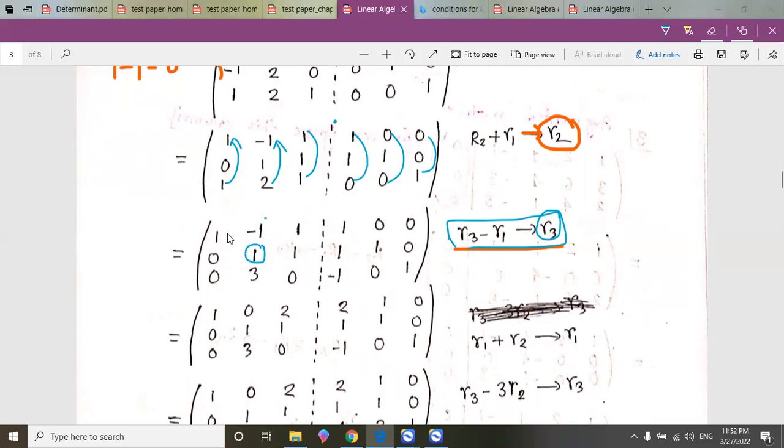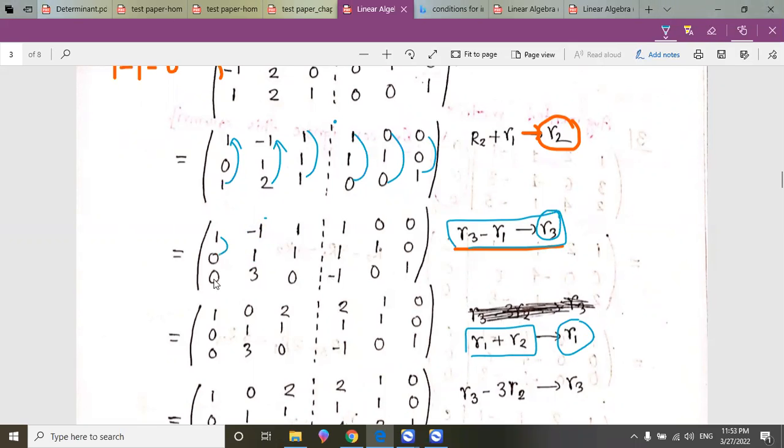That's why we can add the first row with the second row. That's why I have written here R1 plus R2. We add the first row with the second row, and then we substitute the value to row 1 because we want 0 here. So this entry is in our row 1, right? So do this thing.